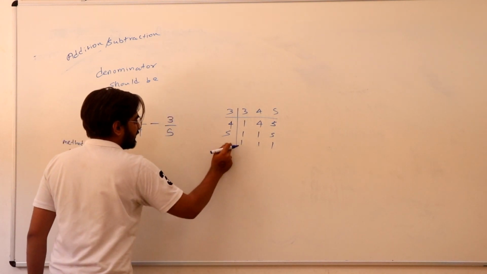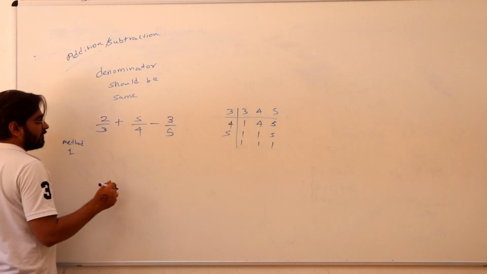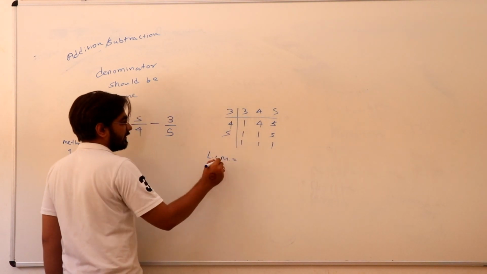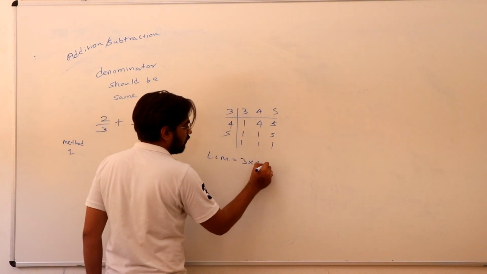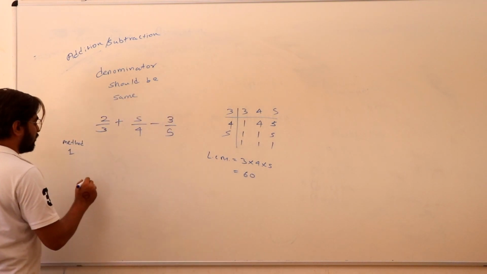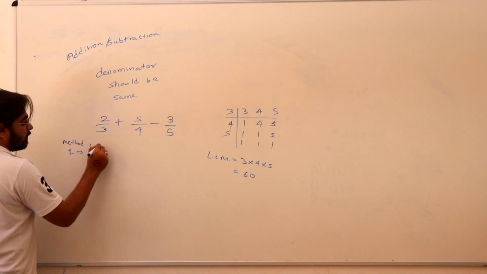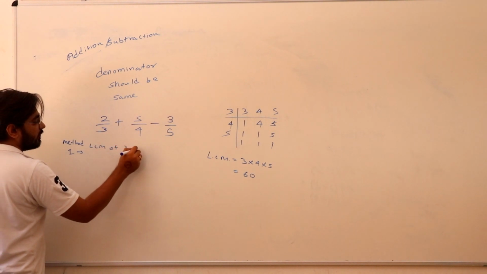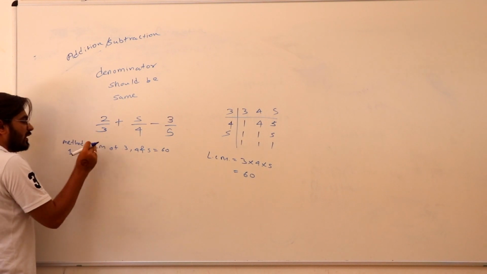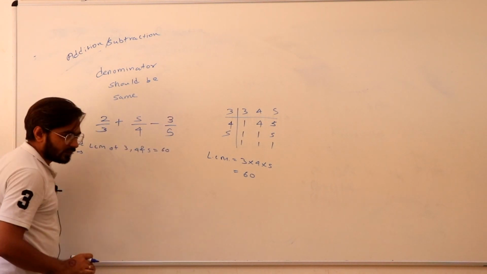If you multiply these three numbers, the answer will be your LCM. LCM is 3 into 4 into 5, answer is 60. So LCM of 3, 4 and 5 is 60. So we have to make all the denominators 60.